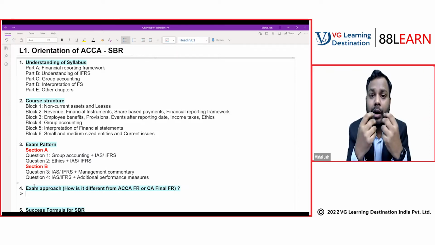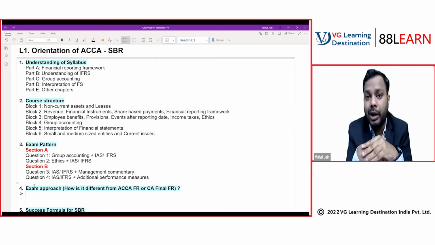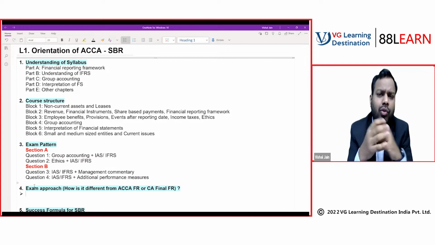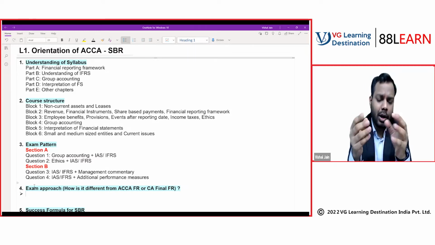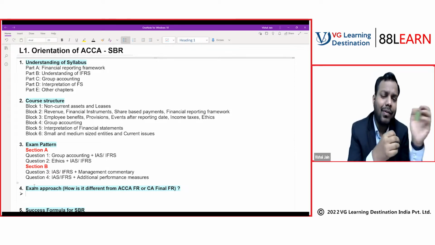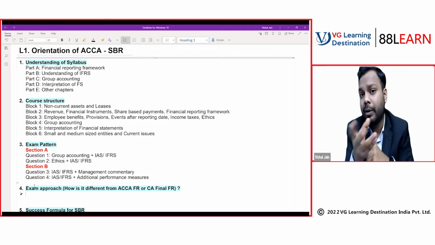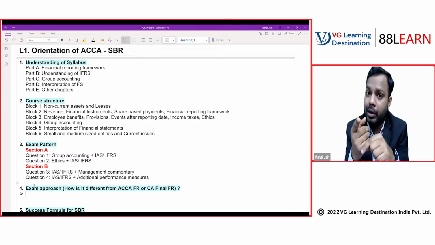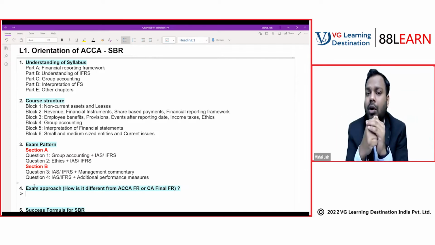SBR is more of placing yourself in a corporate world and making you suitable to deal with real life situations. So it will not ask you to solve any specific question. For example, CA financial reporting or ACCA skill level financial reporting might ask you to calculate goodwill, but SBR will ask you to comment upon goodwill to the investors, stakeholders, or the board of directors.